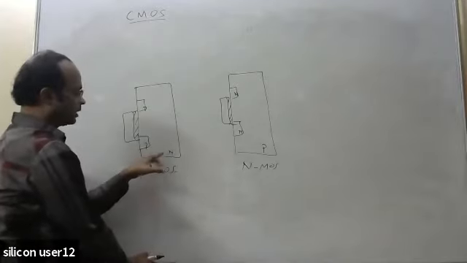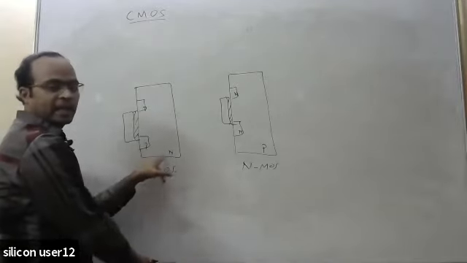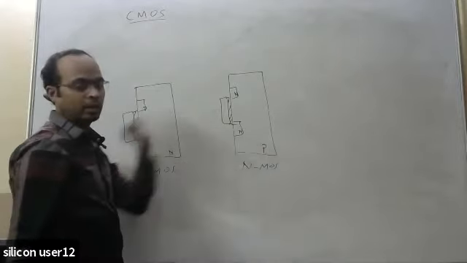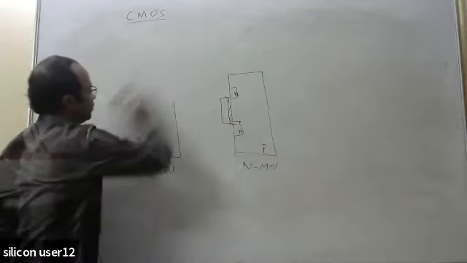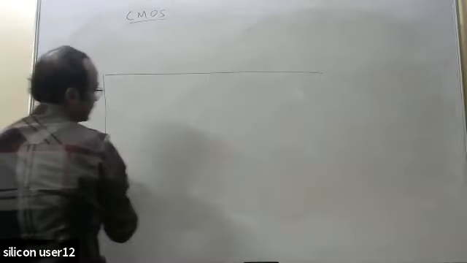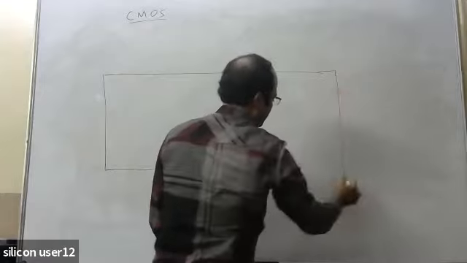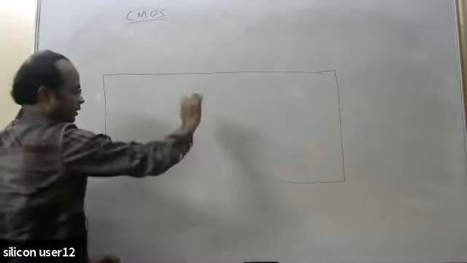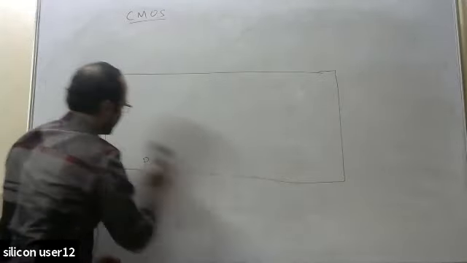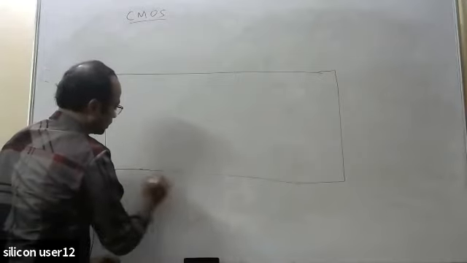What you are observing is that for a PMOS we have to take an N type body, and for an NMOS we have to take a P type body. So first, let us take a big N type substrate, because this is given in your book.